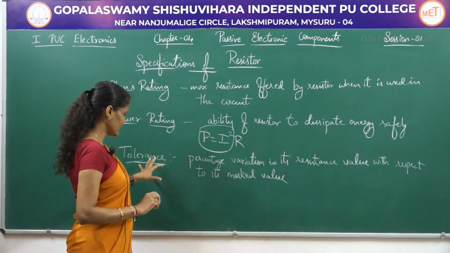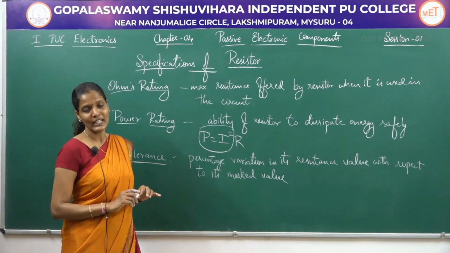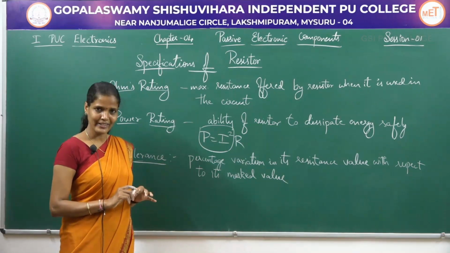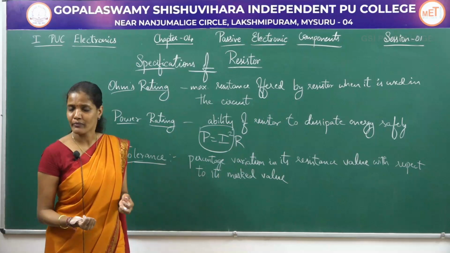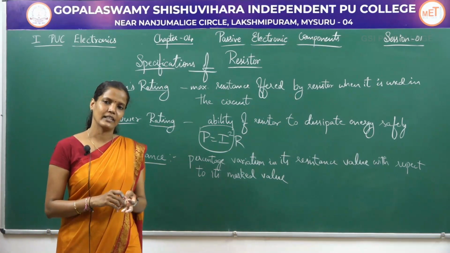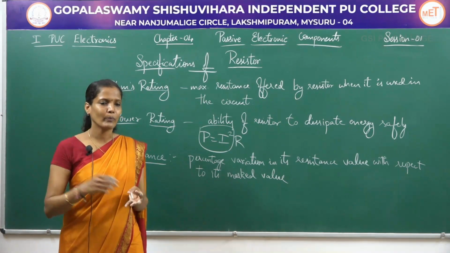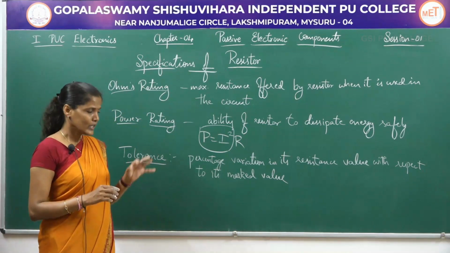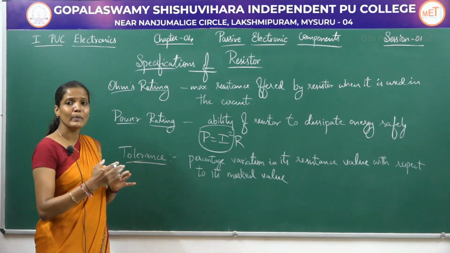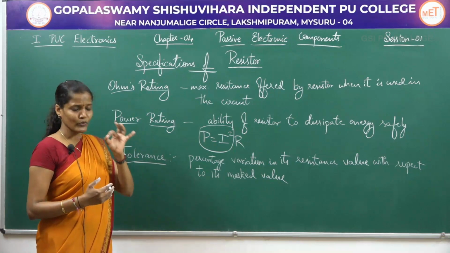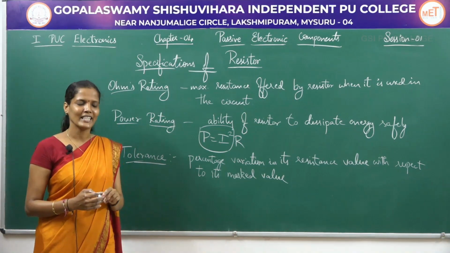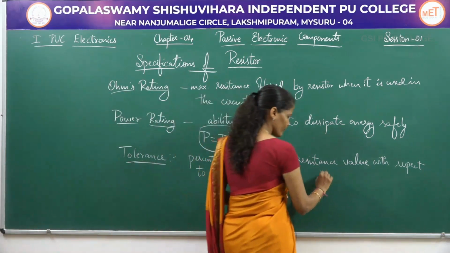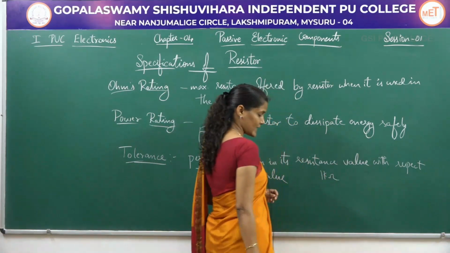We have studied about this tolerance in the first experiment of our lab, that is color coding of resistors. Color coding of resistors contains either 4 bands or 5 bands. If I consider a 4 band resistor, then the 4th band will be the tolerance band. So this tolerance band is the percentage variation. Suppose I consider the same example of a resistor which has a resistance of 1 kilo ohm.